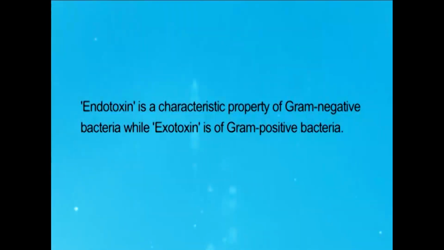So, on the other hand, we can say that endotoxin is a characteristic property of gram-negative bacteria, while exotoxin is a characteristic property of gram-positive bacteria. However, there are many gram-negative bacteria which produce exotoxins and release them into the external environment.